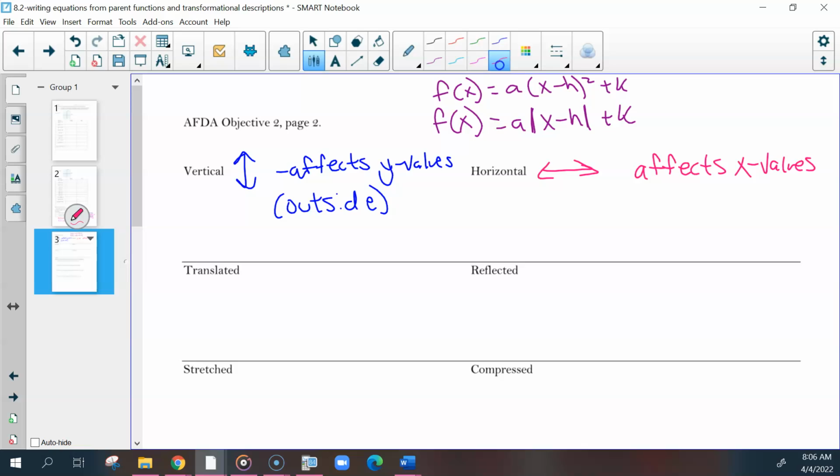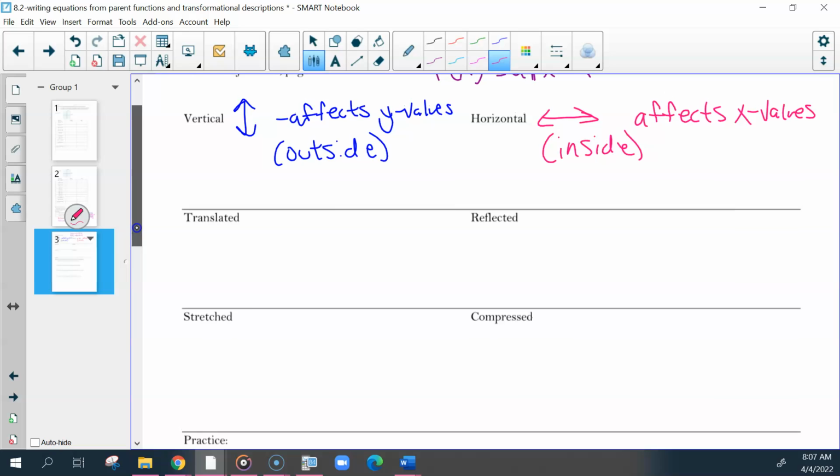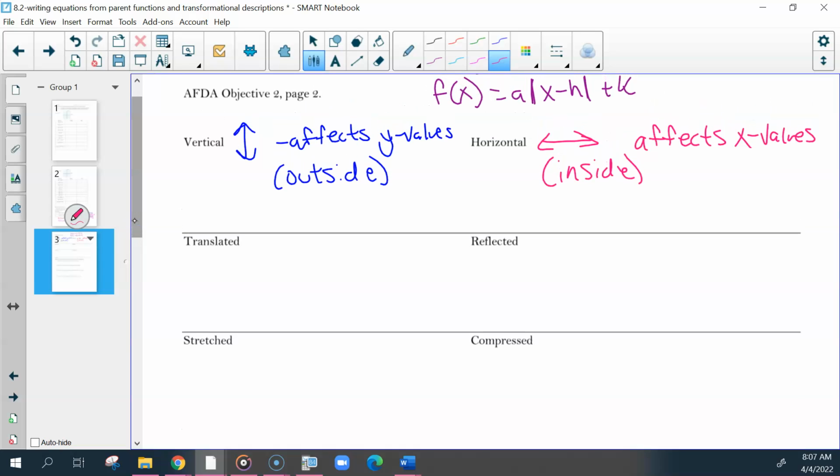So like your h, if we have a negative on the inside, things like that. So I'm going to give examples for vertical and horizontal for each of these things, but I'm going to be comparing it to the parent function. So I'm going to draw rough sketches of these. Do the best of your ability on your own paper.